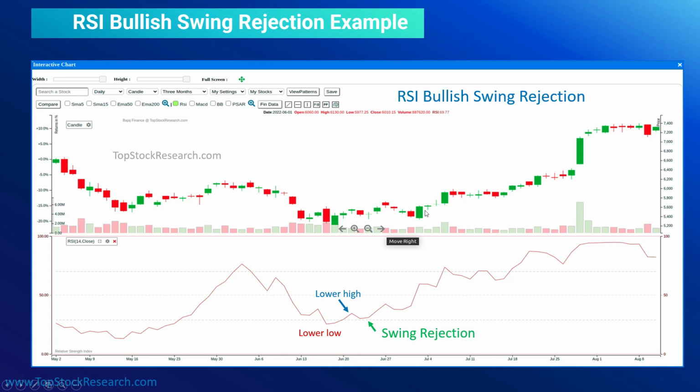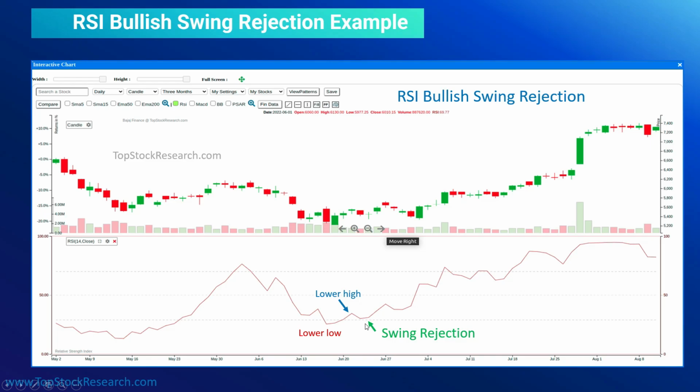You'll also see a double bottom kind of pattern on the chart itself, right? Both these things generally happen together, the movement of the indicator as well as the price, either at the same time or almost near each other. So this is swing rejection. Taking an entry here can give you good results.